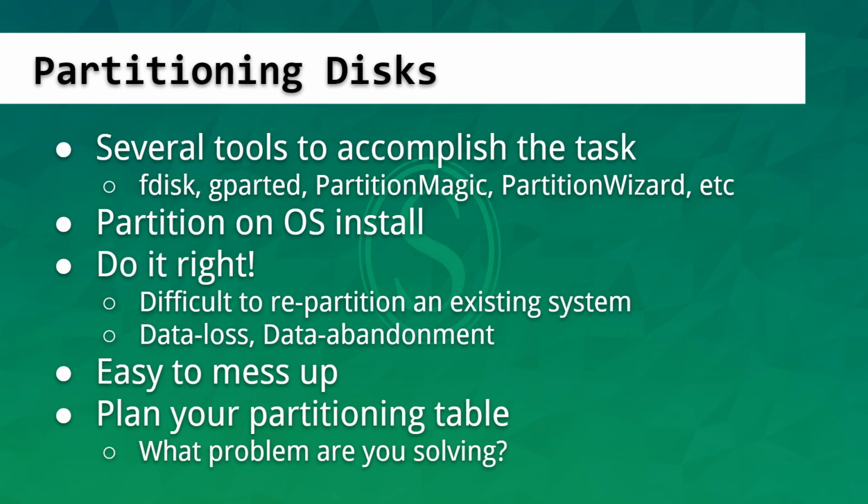There's no better time to start over than at the beginning. It's really easy to mess up partitioning disks because it's a mindless task sometimes. You get into this flow of partitioning things and splitting things up, especially if you have a lot of them and you're not doing it in an automated fashion. Just understand that you need to be a little diligent because this is the foundation. You're pouring the concrete to your system right here, and it's important to not mess it up.